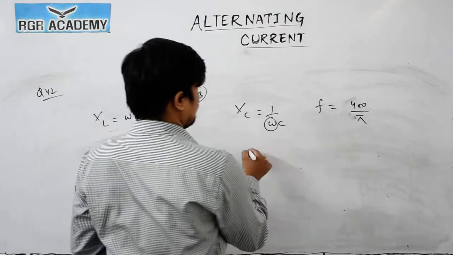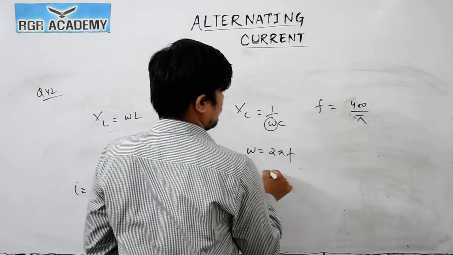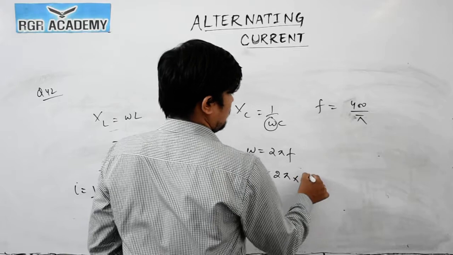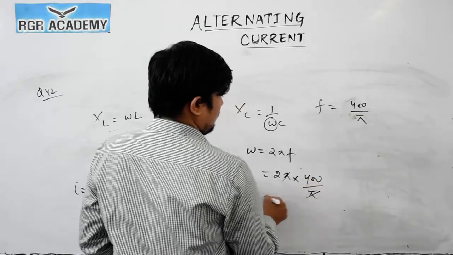Omega is 2 pi into f. So 2 into pi into f, with f being 400 by pi, will be equal to 800.